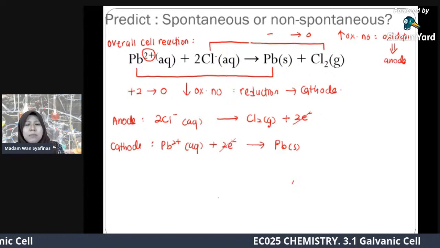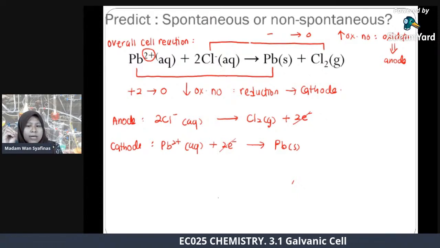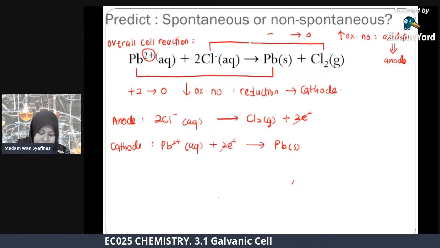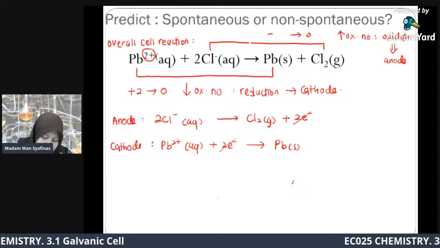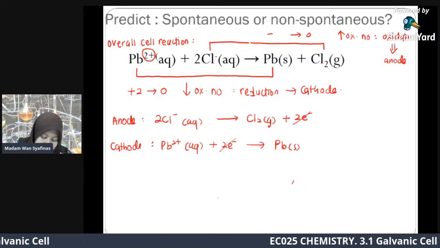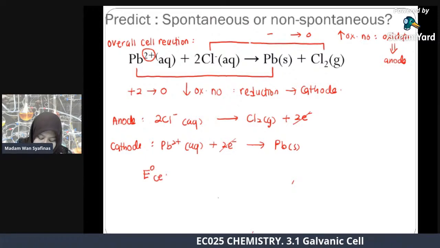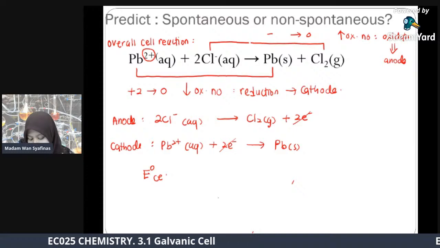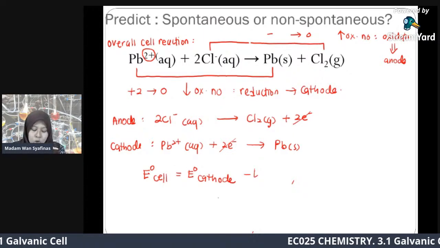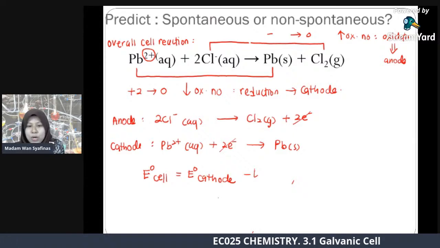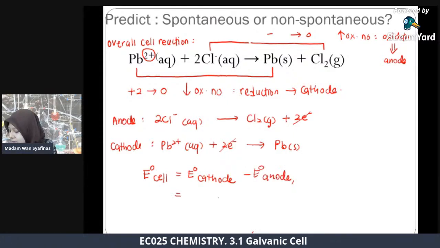Sekarang ni nak cari spontaneous atau tak, kita kena cari E not cell dia. So kita masukkan formula E not cell sama dengan E not cathode minus E not anode. Masukkan cathode kita, lead 2 plus. Kamu boleh refer nilai SRP table kamu.